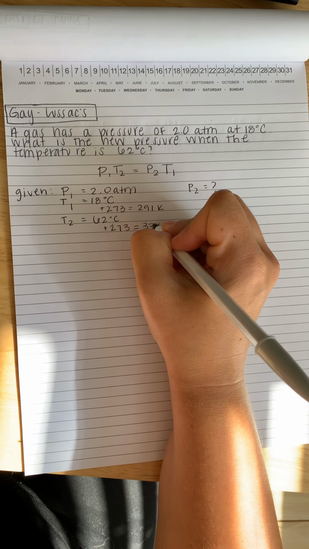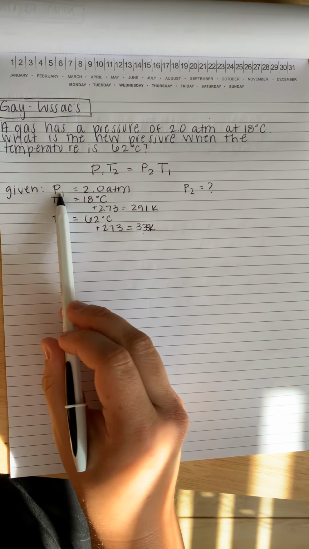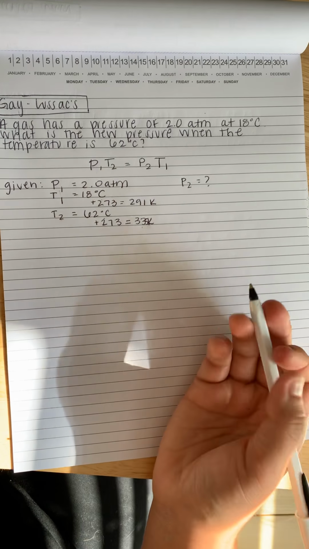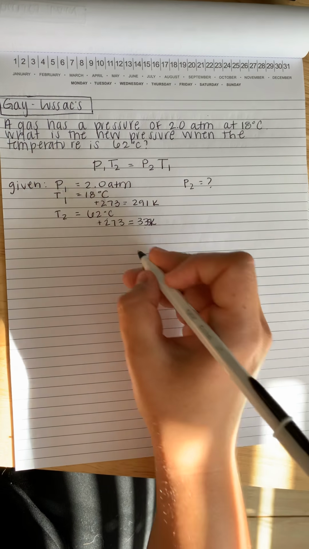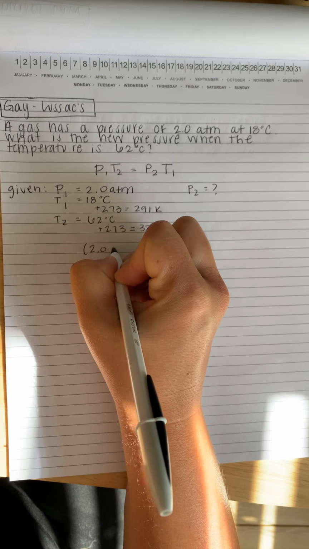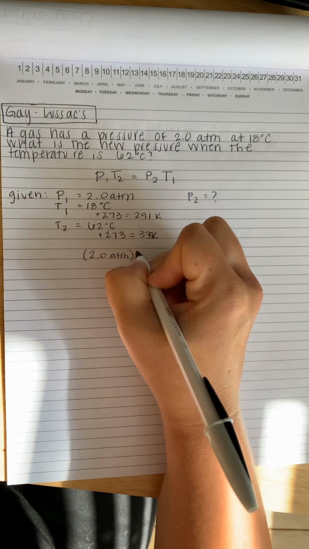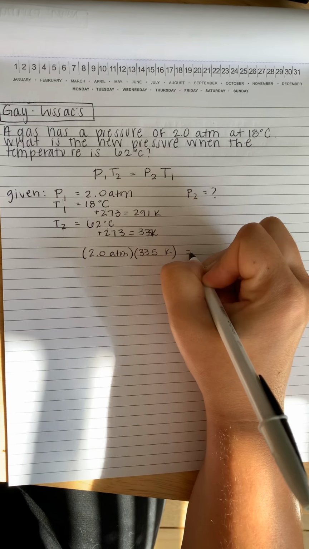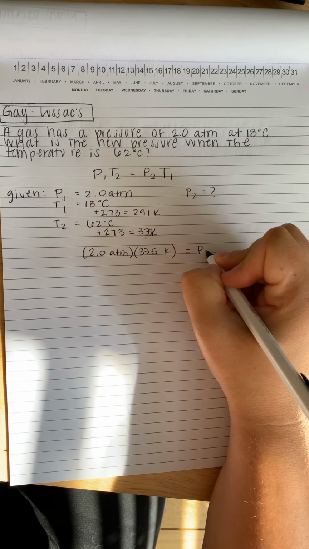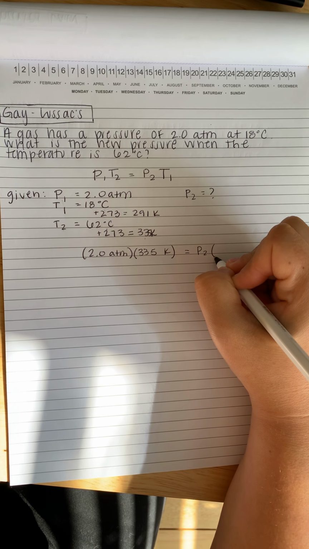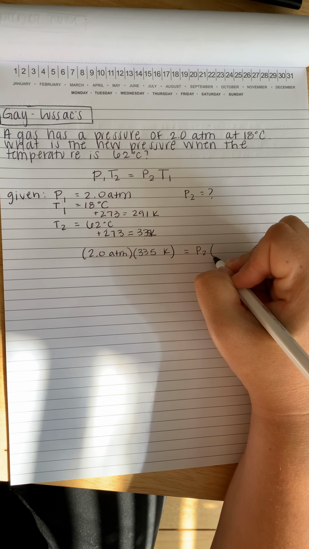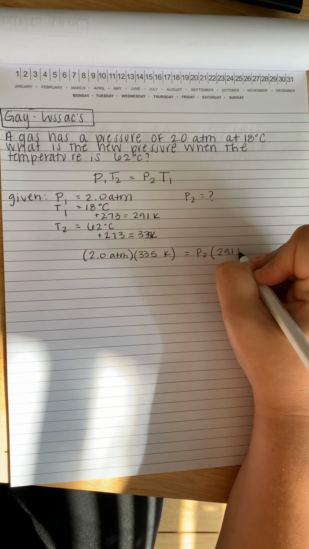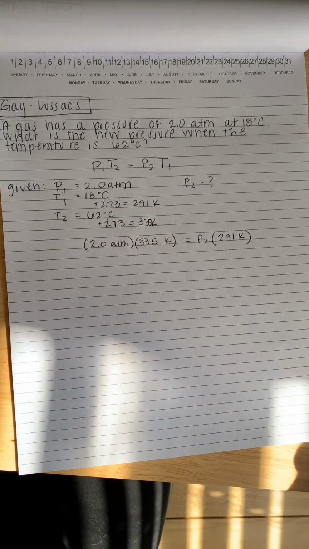Sorry, 335. All right. So again, all we're doing is plugging all of these numbers into this equation. So this is going to be 2.0 atmospheres times 335 Kelvin is going to be the same as the pressure of the second gas times the first temperature, which is 291 degrees Kelvin.